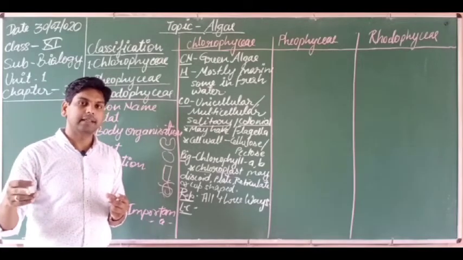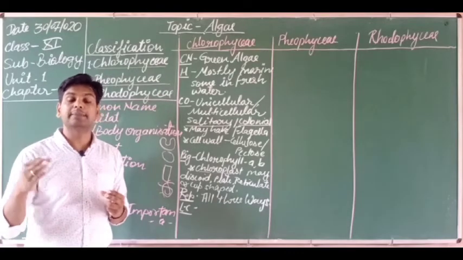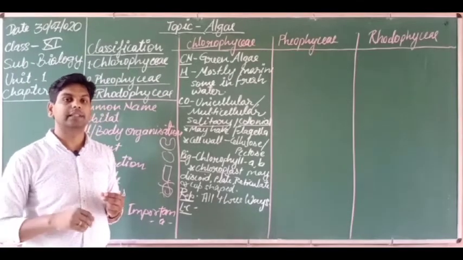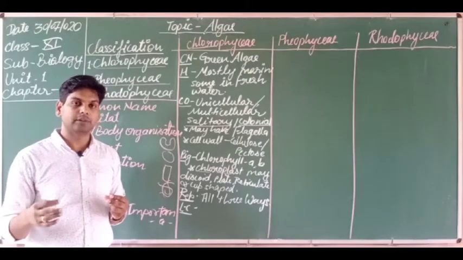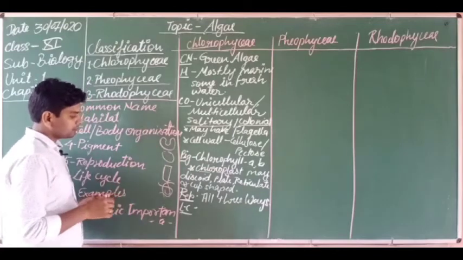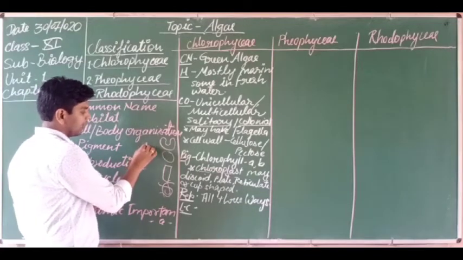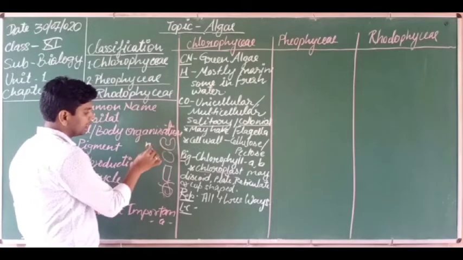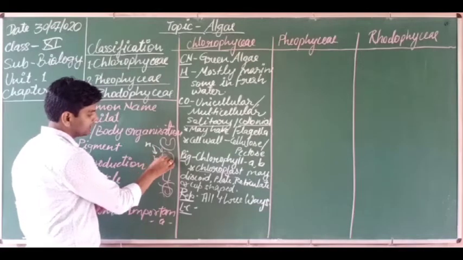Diploid zygote produces what? The diploid zygote produces haploid spores after meiosis. These spores are haploid spores. So all are haploid. Suppose I want to tell you the plant body is haploid or single n. It produces gametes, two types of gamete, male and female, single n.